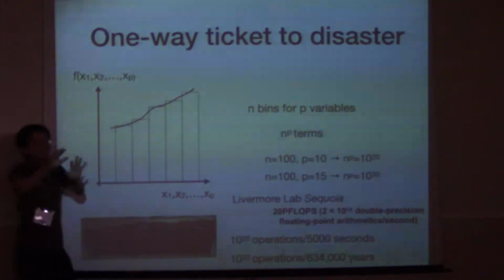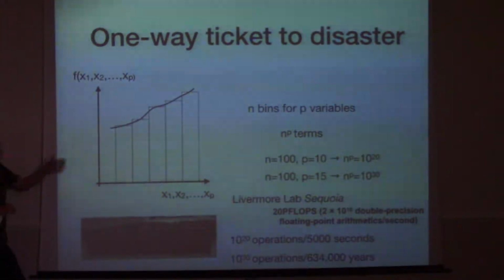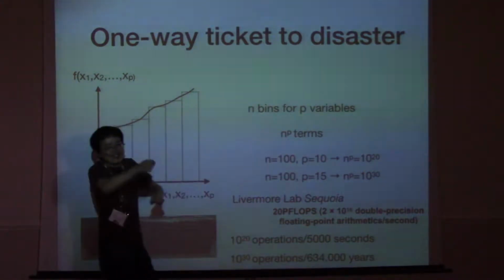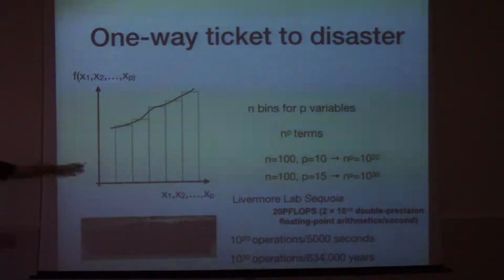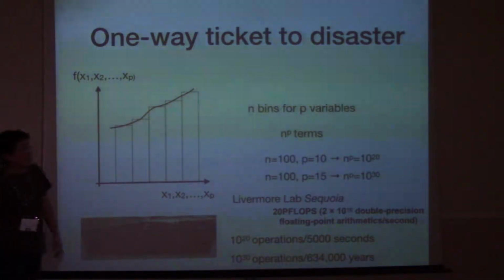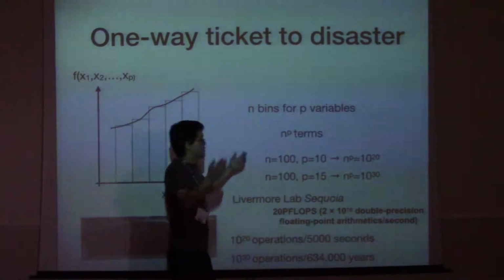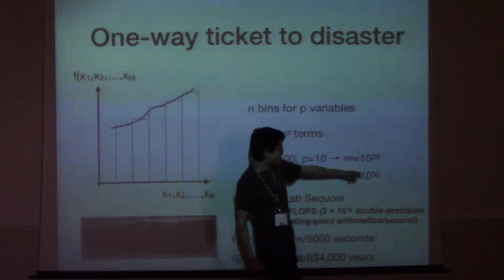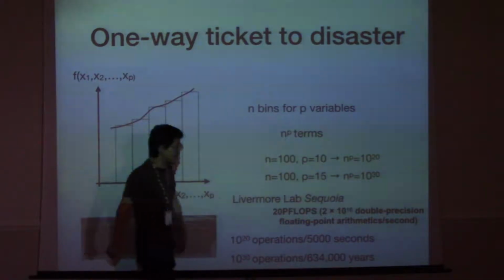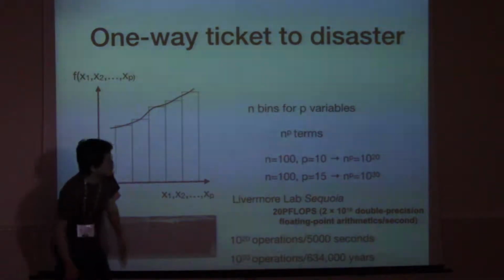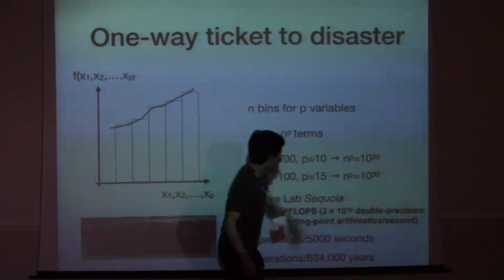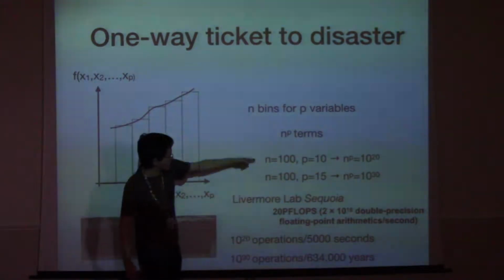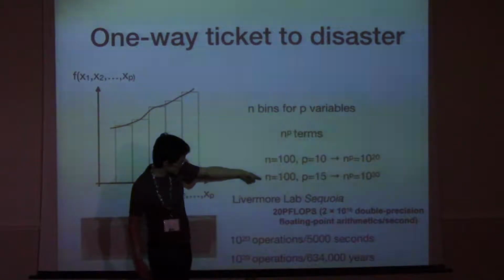This is an unrealistic assumption because usually you need more than one operation for evaluating each term. But even if we take the most optimistic scenario that we just need one operation for estimating each term, we need this much.